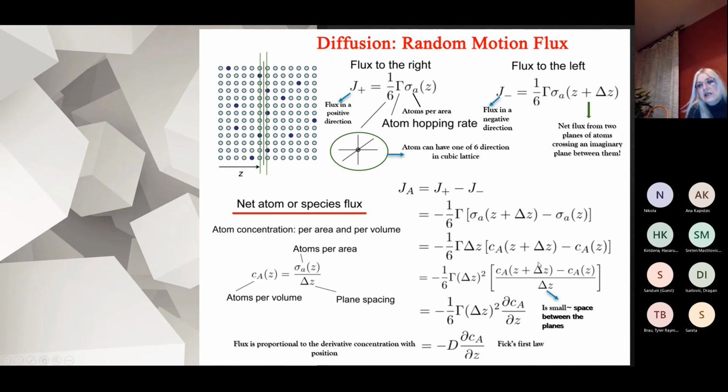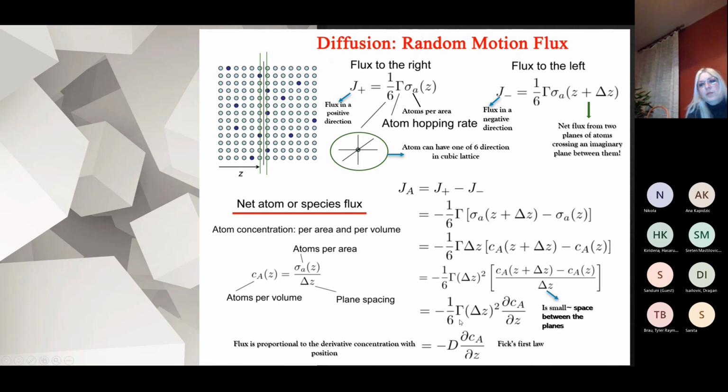If we take this distance delta Z to be quite small, then instead of delta we can write the differential, which can be expressed as a derivative. Here we have a derivative of concentration depending on the position.